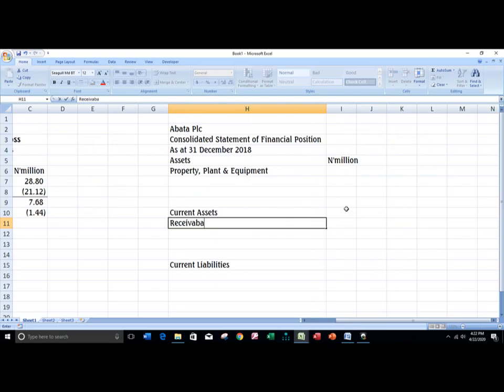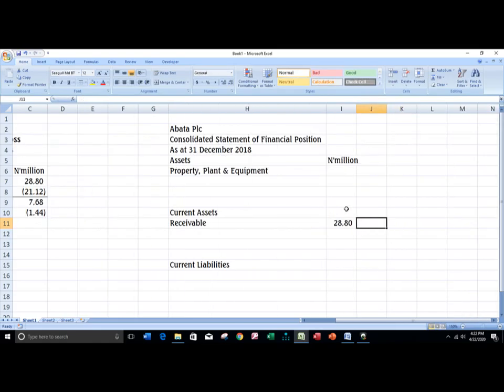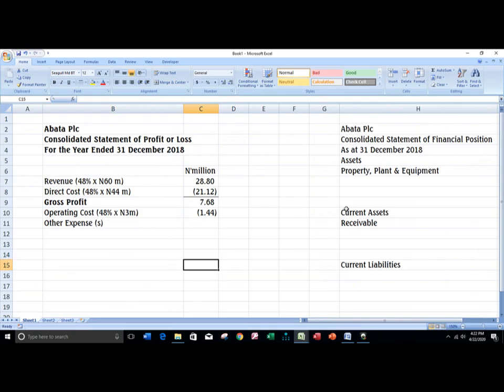Are you following? And how much is that? That will be 28.8 million. The cost, which comprises operating and direct costs, will make up the payable.